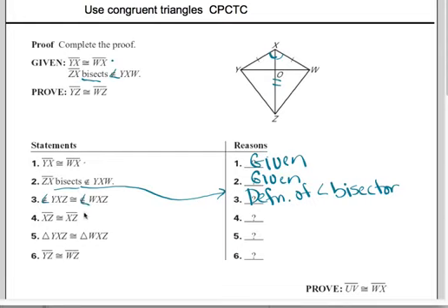Then they said XZ congruent to XZ, which is what we were saying about the shared piece in the middle. That's the reflexive property. And then the triangles are congruent now by side, angle, side.